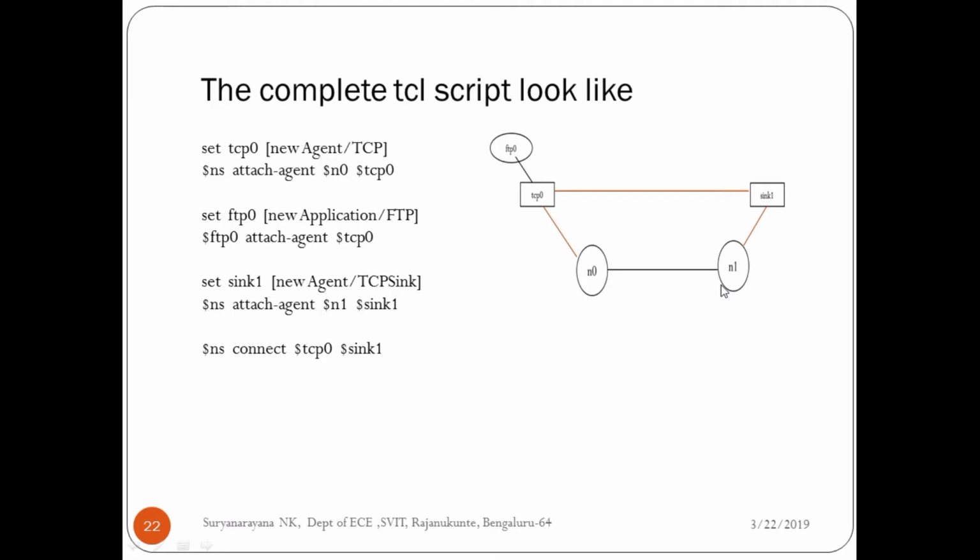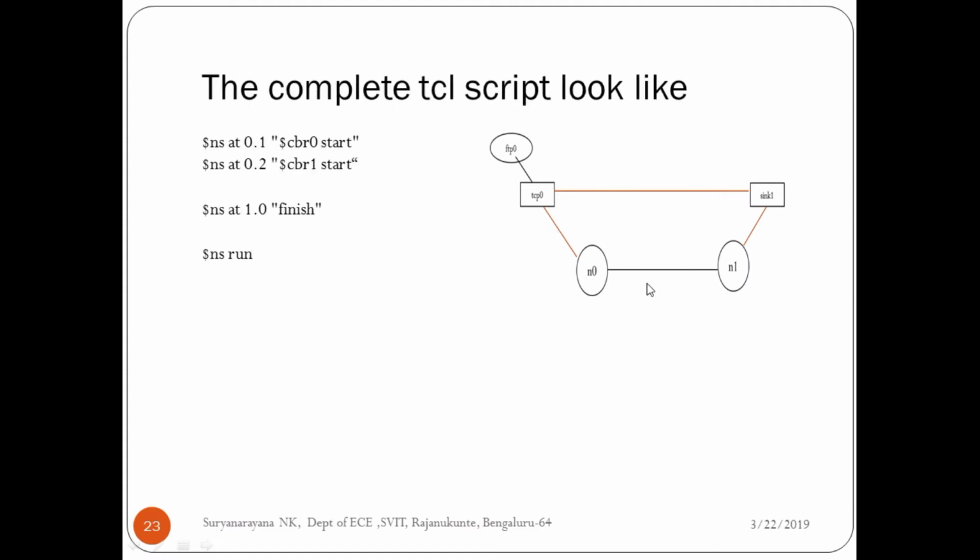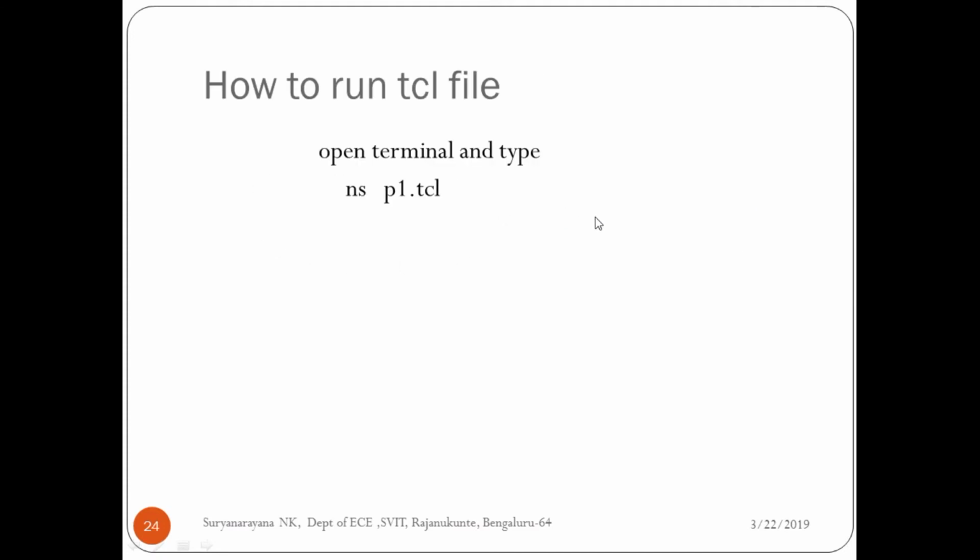In the third step, we have added TCP and the agents, source agent, destination agent, and we have established the connection between the agents. In the fourth step we have added the traffic.